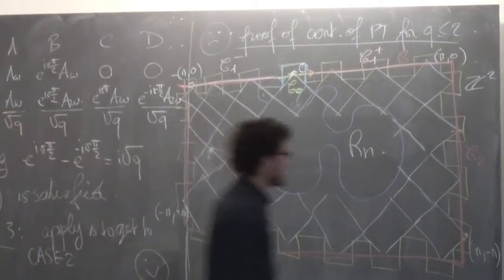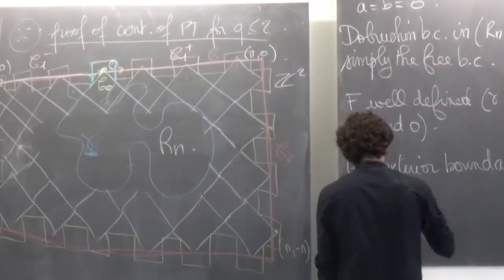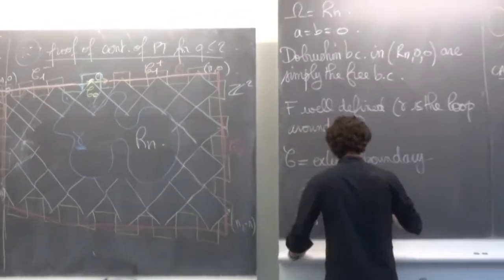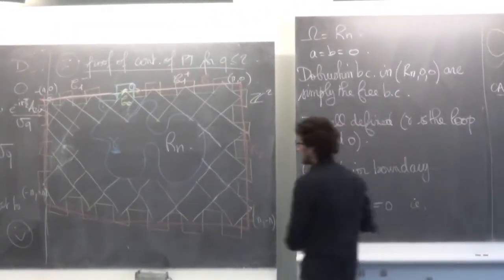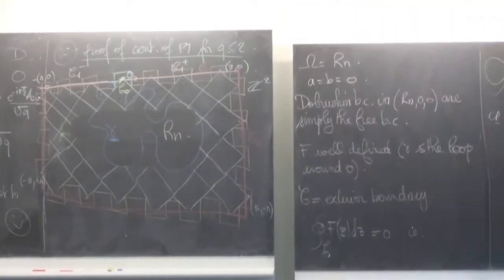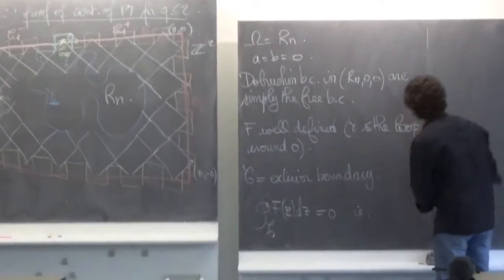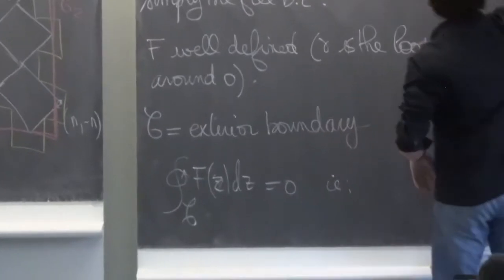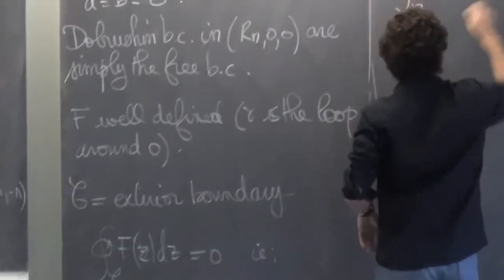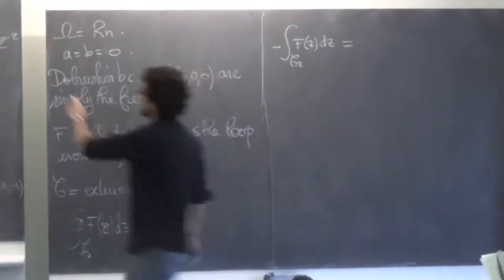Okay, so we get that the integral of f of z dz around C is equal to 0, which I can rewrite with my notation of C0, C1 plus, and C2 as follows. The integral along C2 of f of z dz, or minus this integral, is equal simply to what I get at the top.